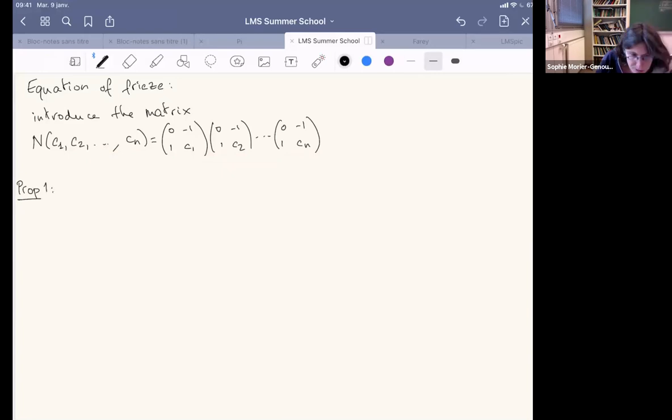So the first property, or first proposition, is that this matrix N behaves well with the operation that I just defined. So if you compute this matrix, it's going to be the same as the matrix of the augmented sequence.